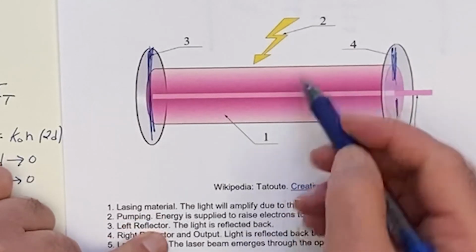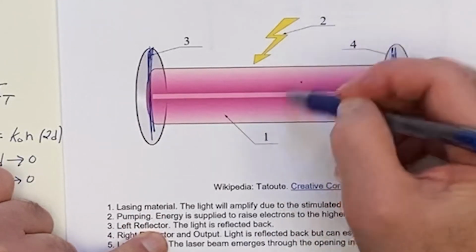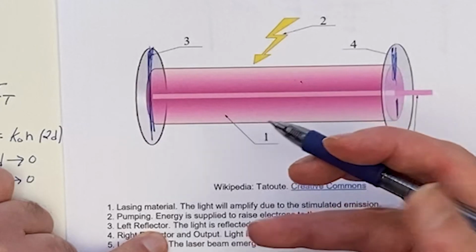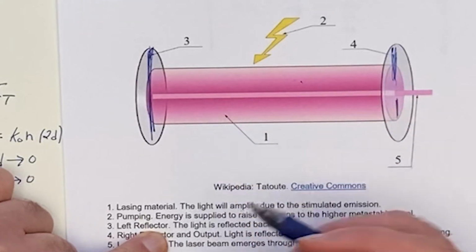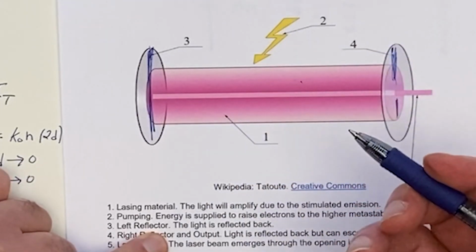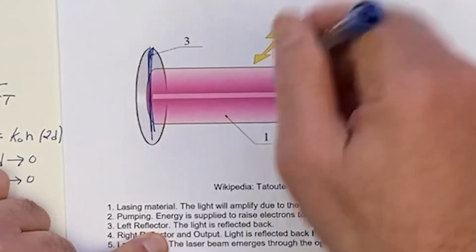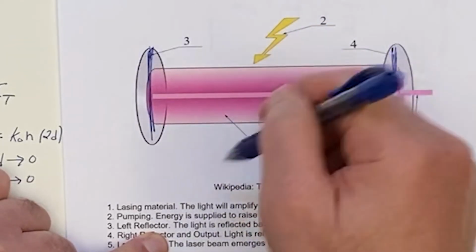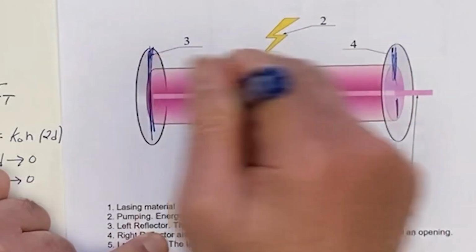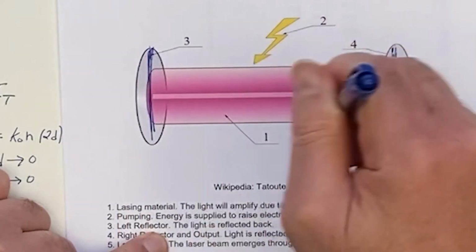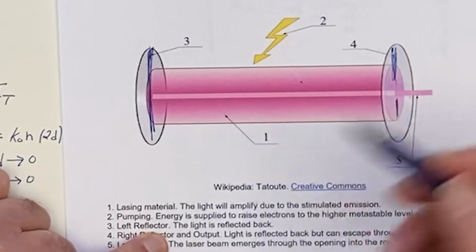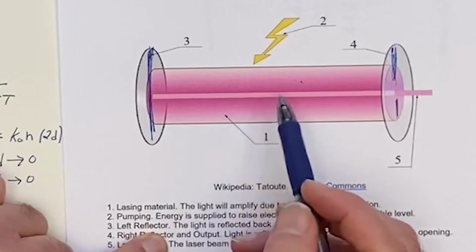And to do that, we need to have some pumping energy to get the electrons up. And then what'll happen is, if one comes down on its own, which it will, then when the light travels, it'll bring another one down, and you get that chain reaction effect.